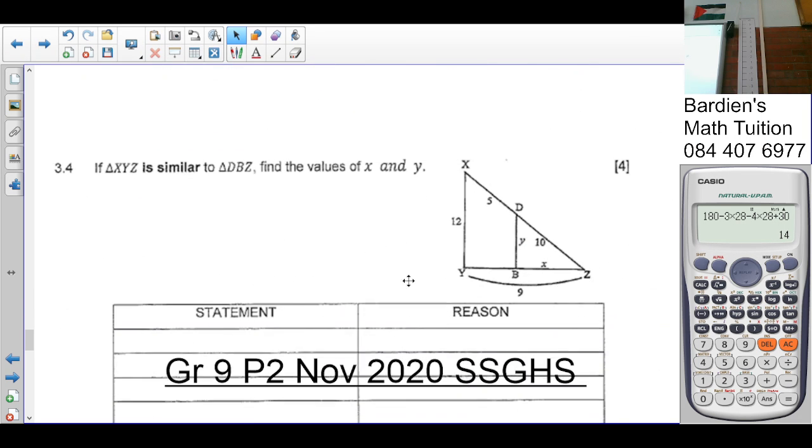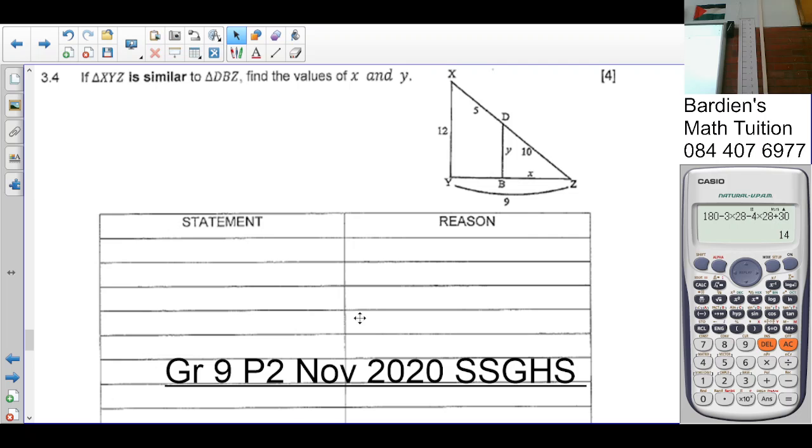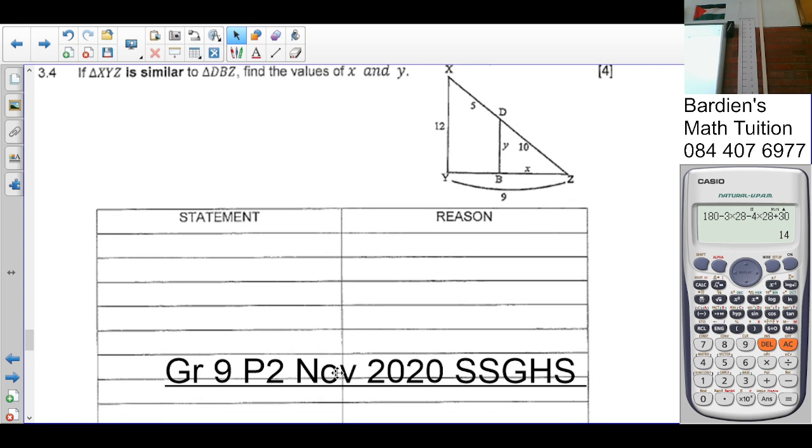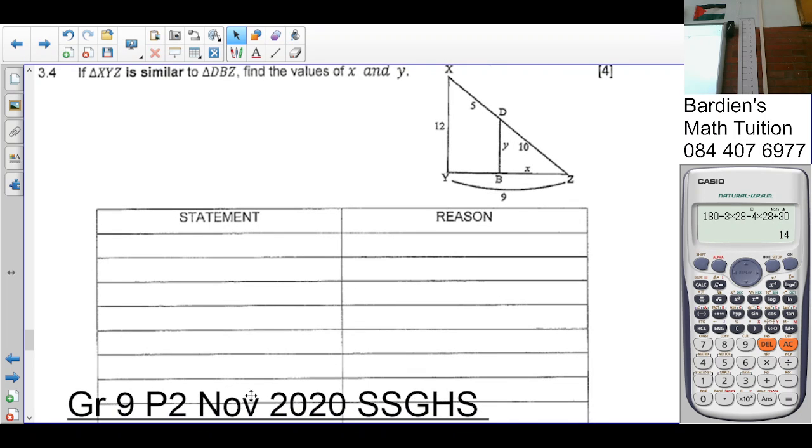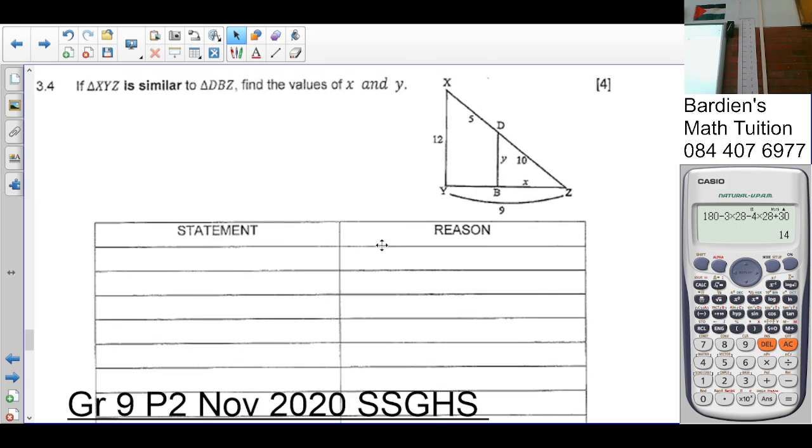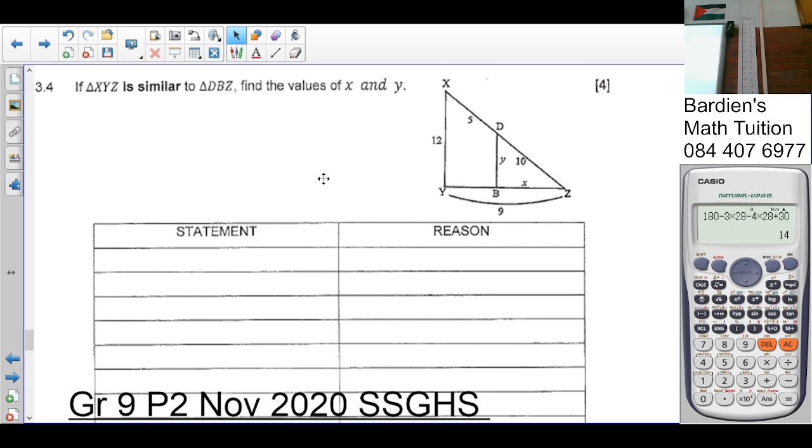The next one, we are told that triangle XYZ is similar to DBZ.